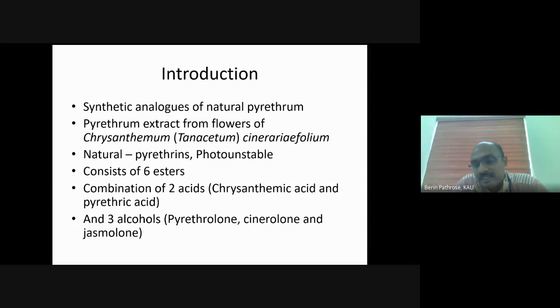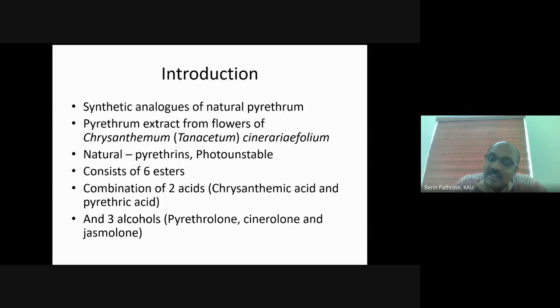So if we look into the natural pyrethrins, we can see that pyrethrin consists of two kinds of acid. I will repeat it again. Natural pyrethrin consists of two kinds of acids, chrysanthemic acid and pyrethric acid.